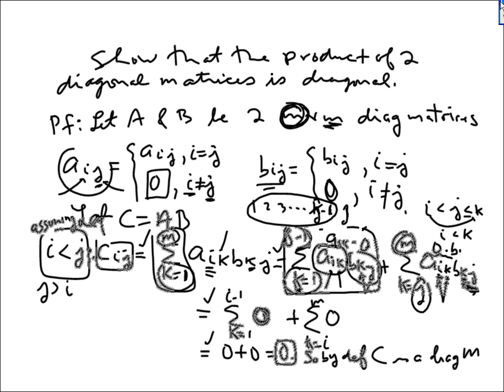And 0 times b_kj is 0. So when you add them up, you get 0. The only thing that should be changed here is the i's became j. j minus 1, k starts at j. All right. So we took care of when i is less than j and when j is less than i. That means i and j are not the same.